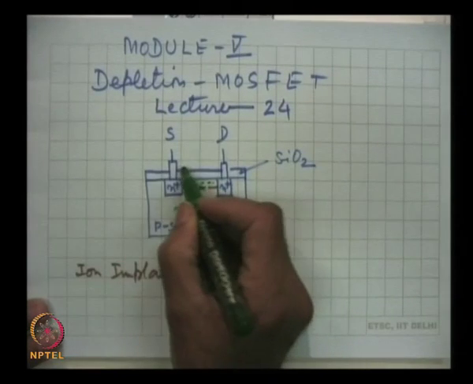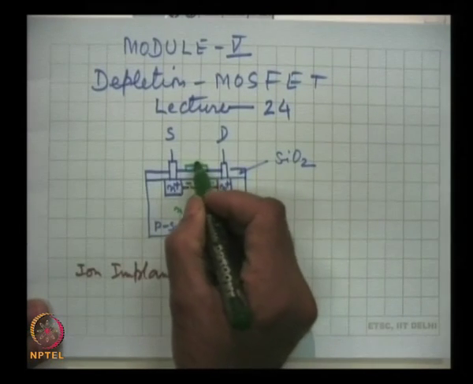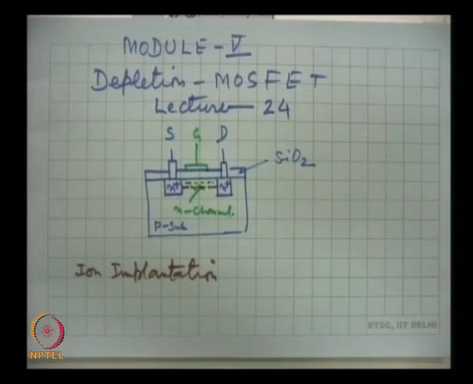and then there is one electrode which is the gate electrode. This was the structure.